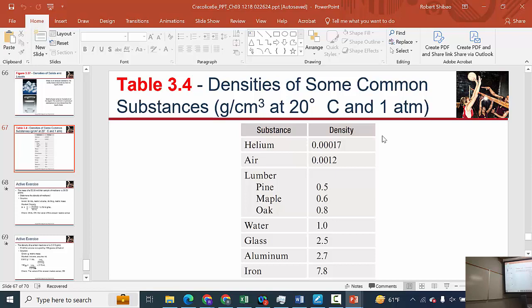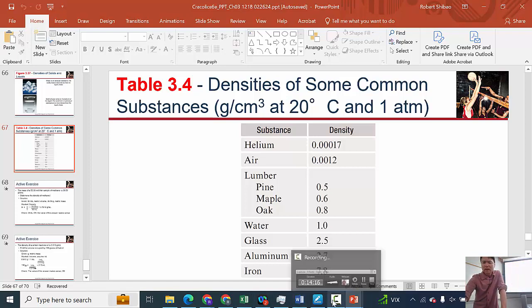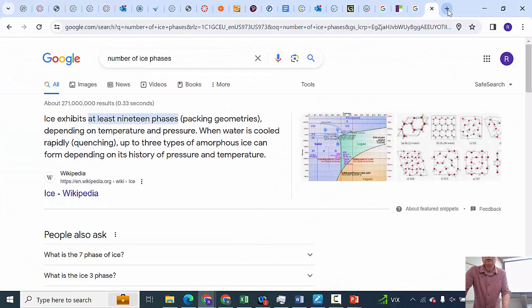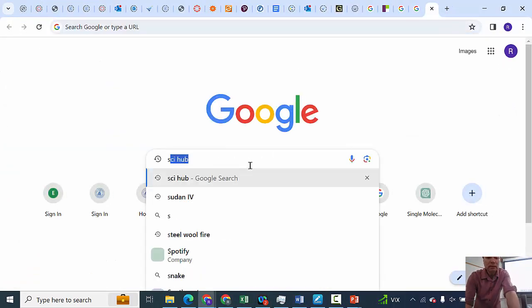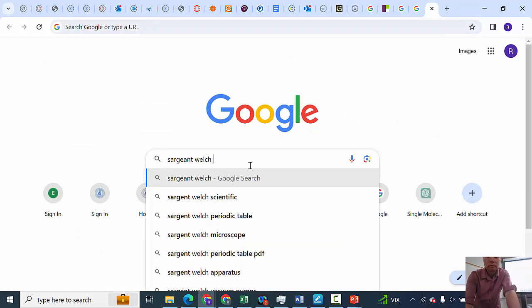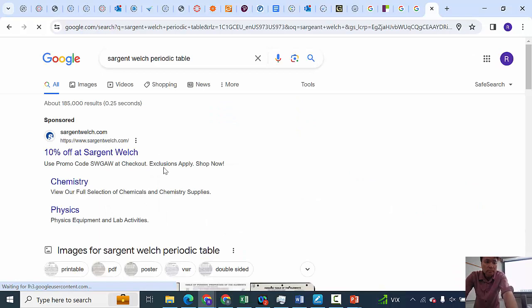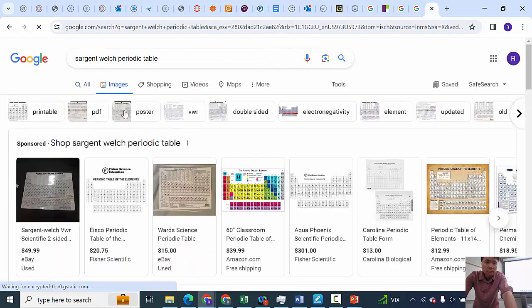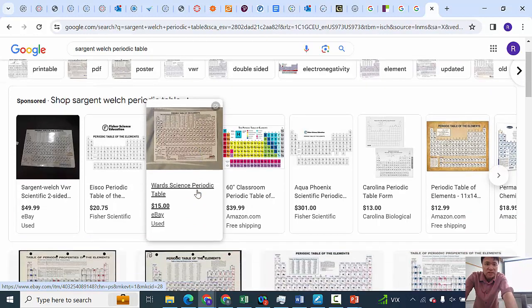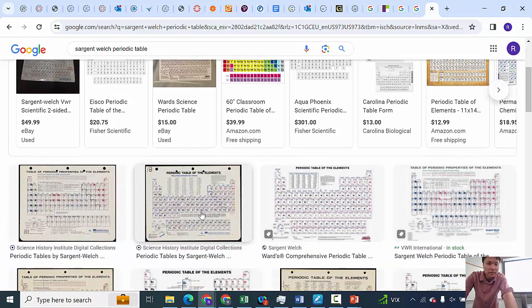One of the fanciest periodic tables that I really like is the Sargent-Welch periodic table of the elements.